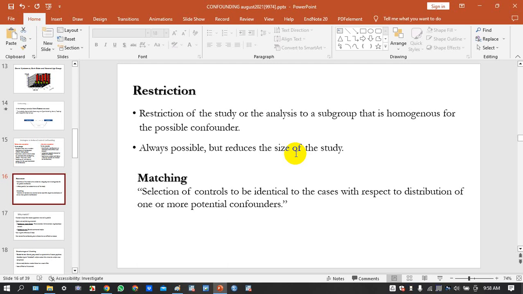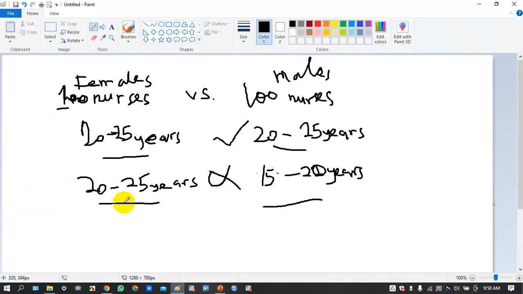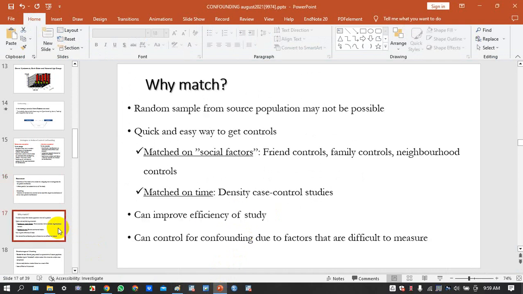But matching is what I just explained: selection of controls to be identical to the cases with respect to the distribution of one or more potential confounders. And like I said, the potential confounder over here is age. A confounder can be another thing later, but over here I'm using age as a confounder. Okay, so why do we match?